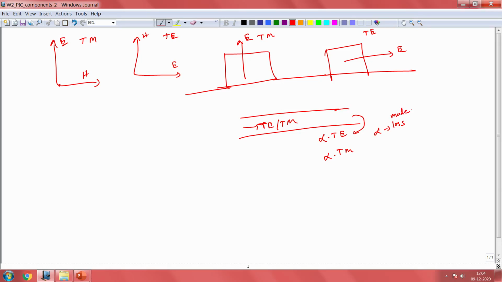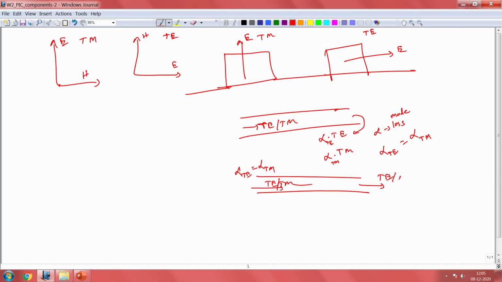If you make this loss specific to the polarization, so this is alpha for TE and alpha for TM, and if alpha for TE equals alpha for TM, then you will get both the polarizations out. So, the input is TE and TM and the output is TE and TM.